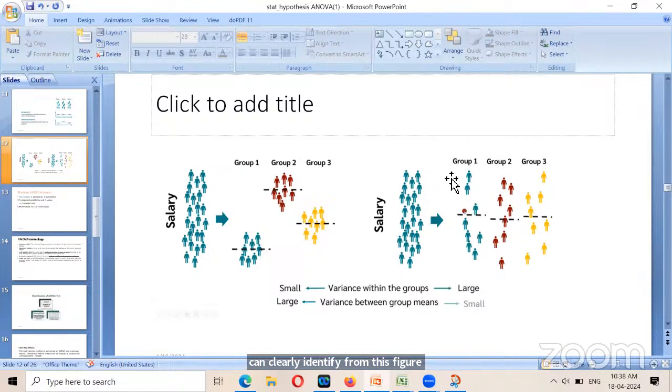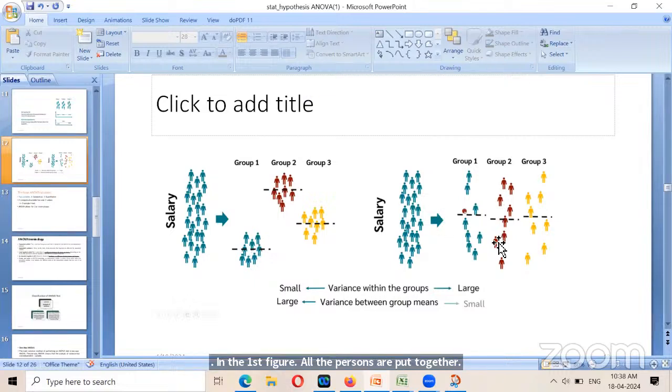On the other hand, the second figure is a little bit complex. We can observe from the color. Group 1, green people, the variance within the group is large. In the first figure, all the persons are put together, very closely coupled.